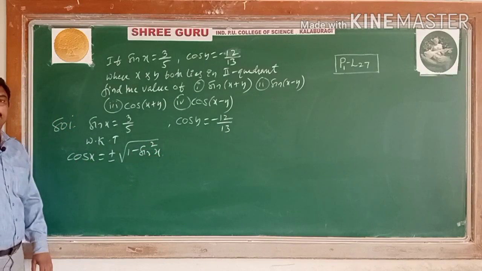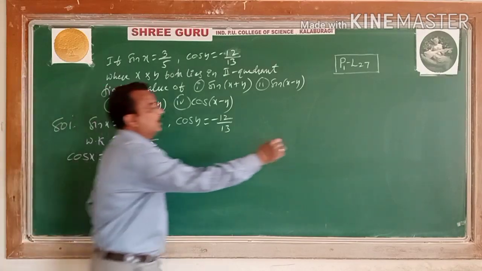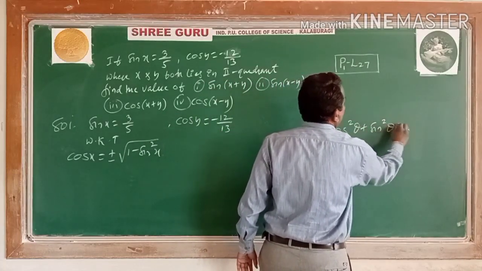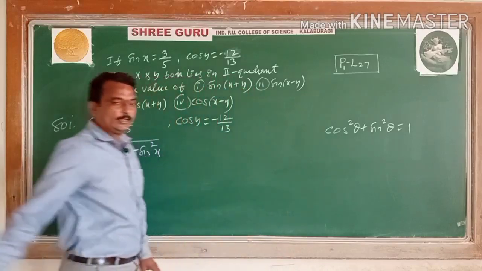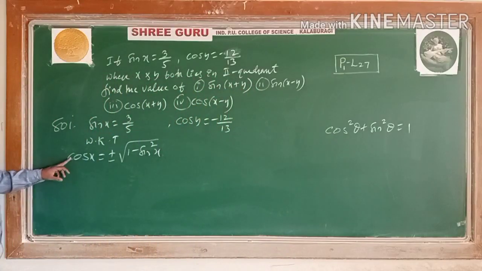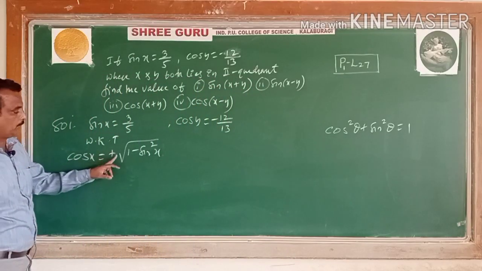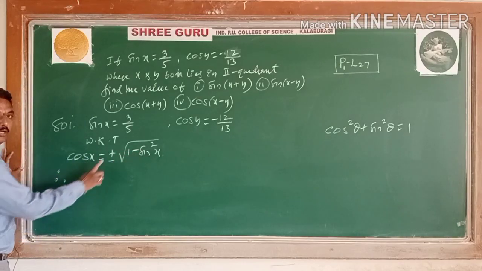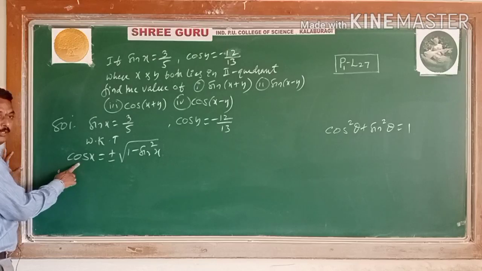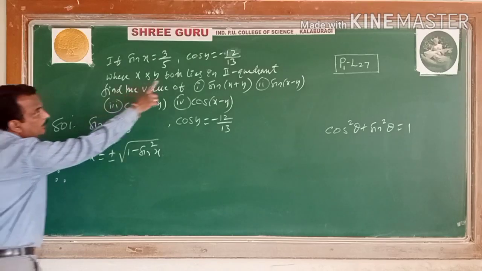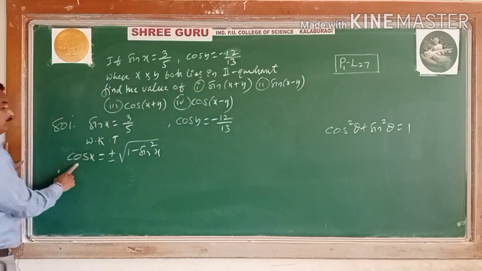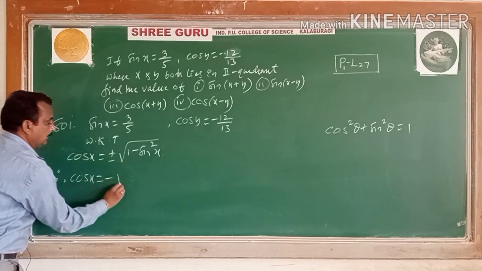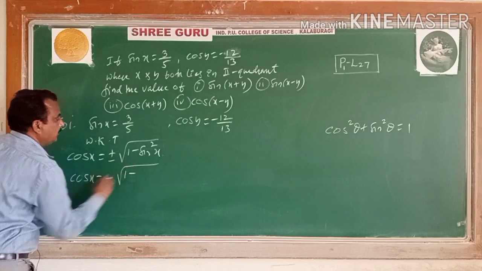Directly here I am taking this identity, you know very well, cos square theta plus sin square theta equals 1. Using this identity, I have taken cos x equal to plus or minus. Tell me, should you take positive or negative here? This is the cos value we are finding. In the second quadrant, is cos positive or negative? Negative. So negative square root of 1 minus sin square x.